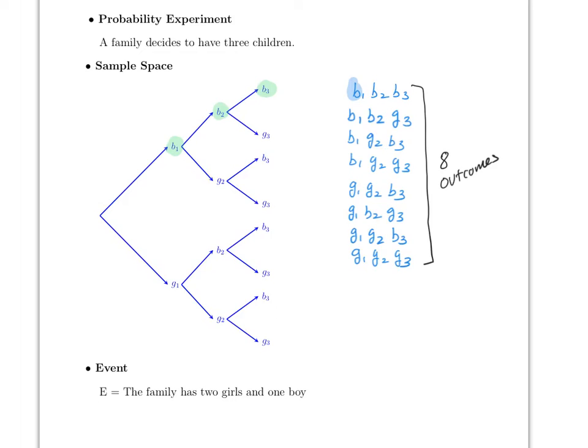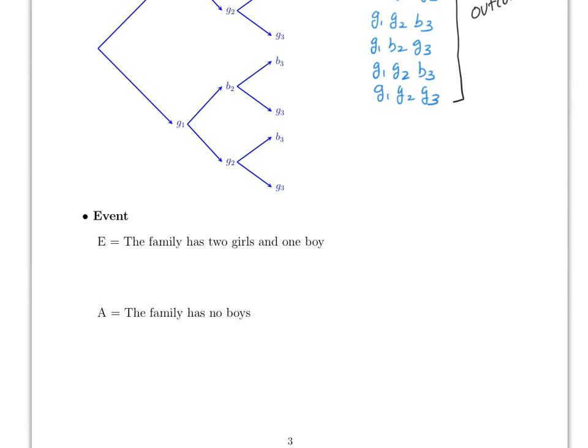For example, let's say that you want to find the probability of this event, the event of having 2 girls and 1 boy.